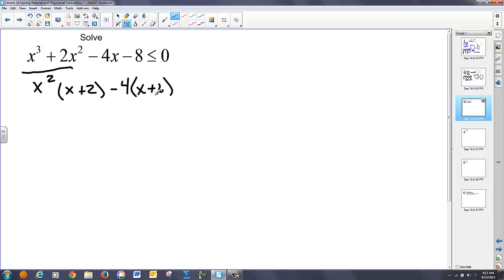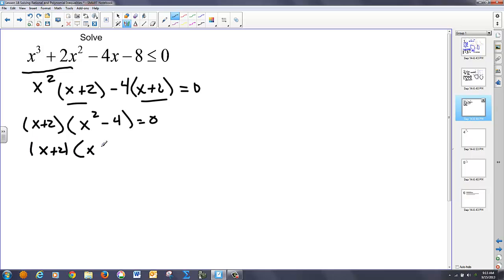Now you'll notice, once again, that I have a GCF of x plus 2. I factor out an x plus 2, and I'm left with x squared minus 4, which again factors to x plus 2, x minus 2.